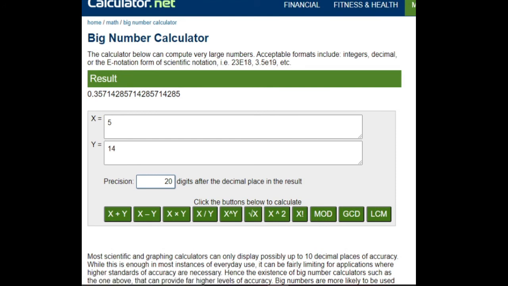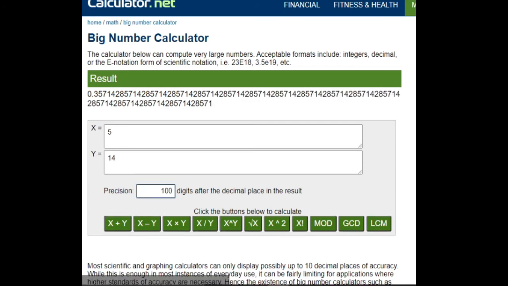Here, if you see the result carefully, it's 0.35714285. Here also you can see some repetition. If this is not ending, if I go further till 100 places, you can see some repetition.